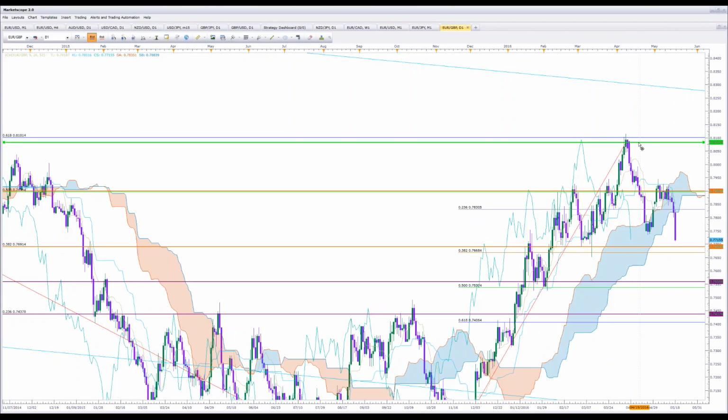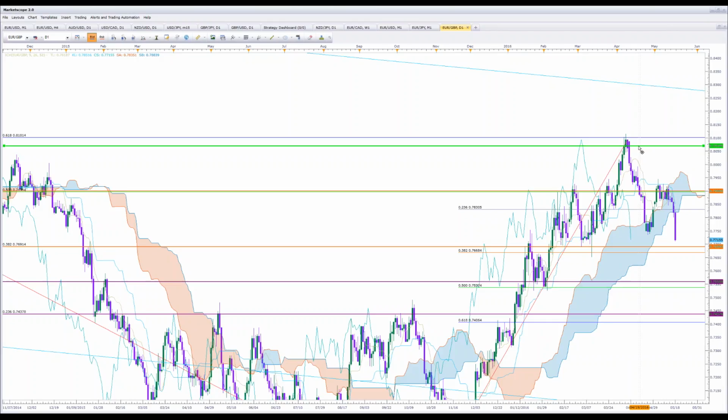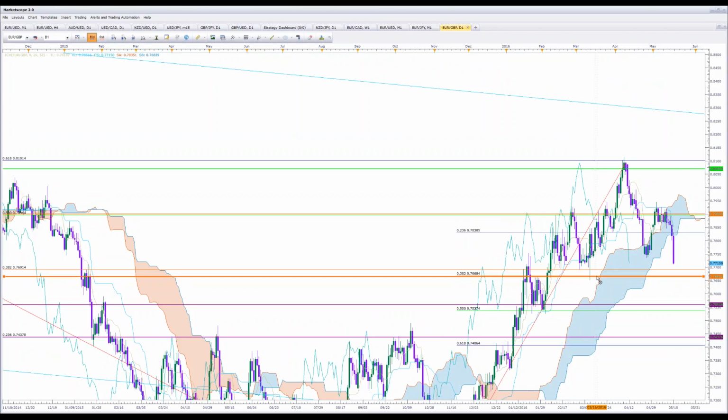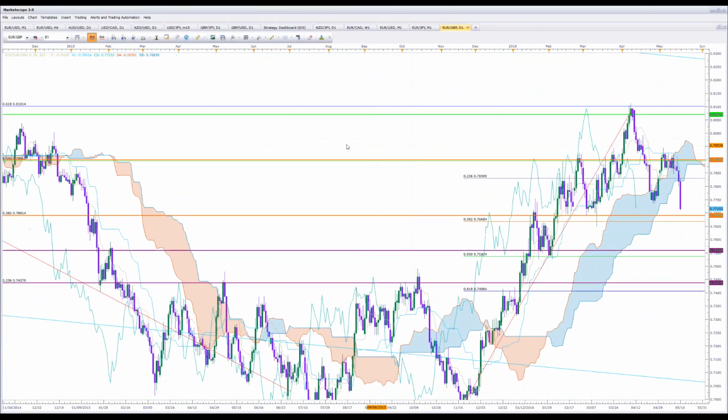So we're going to set our target a little bit tighter than the actual resistance level and have our stop loss a little bit looser, right? Because sometimes it just kicks the level and goes down and then it changes direction. So you don't want to get out of your trade prematurely, and that's the reason why we do that, all right? Okay, so that's that for euro pound strategy on a daily chart, all right?